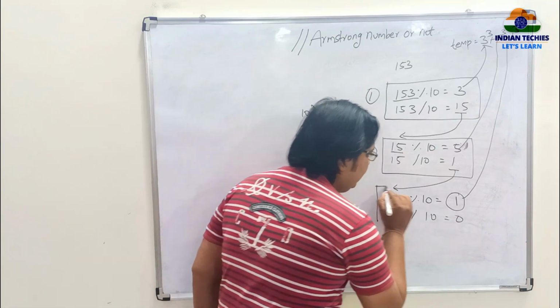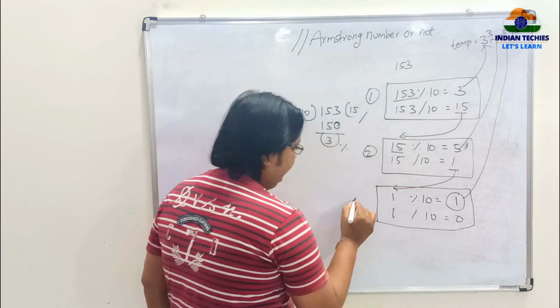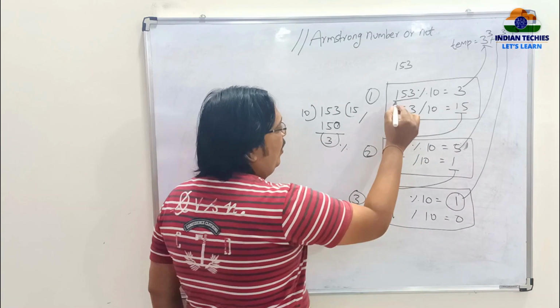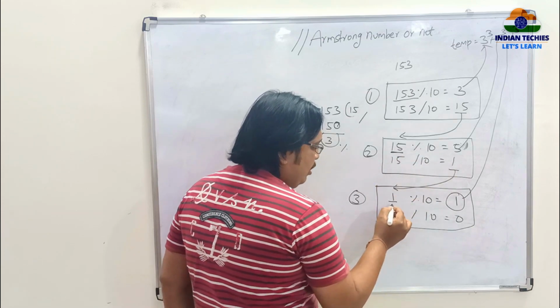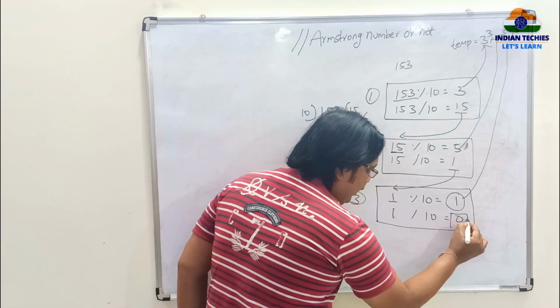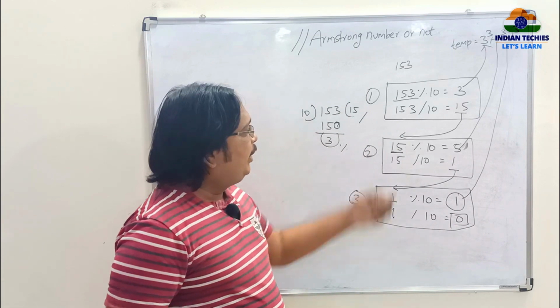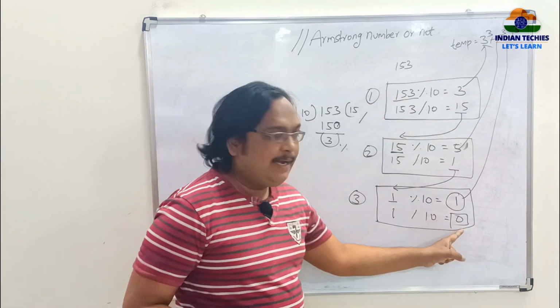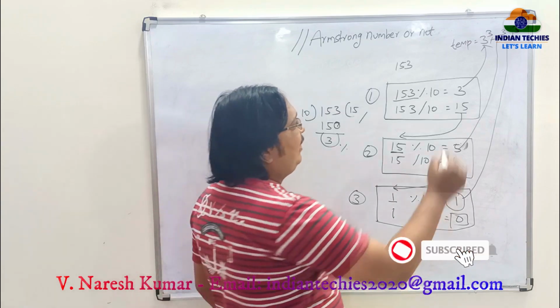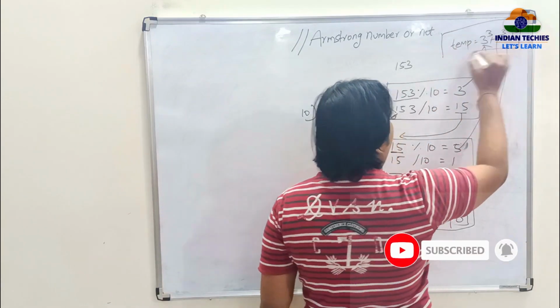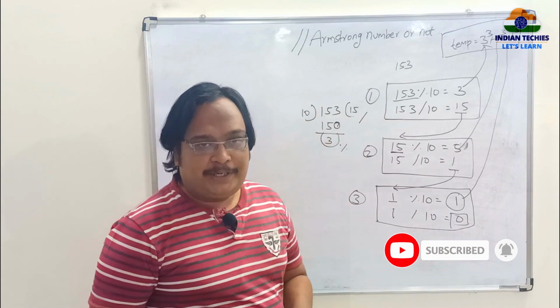This is step 3. So 153 has become 15, 15 has become 1, 1 has finally become 0. Whenever your input becomes 0, the repetition stops. And whatever value you have stored will be printed.